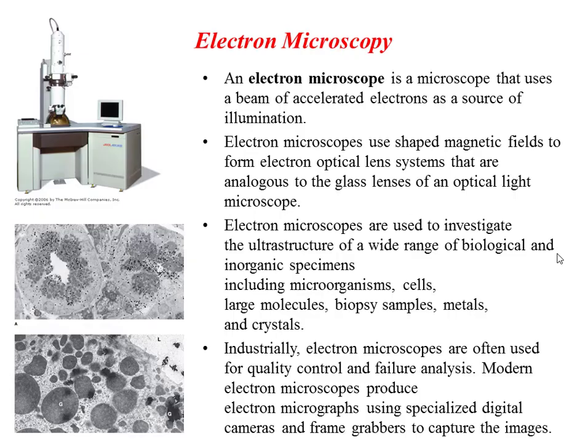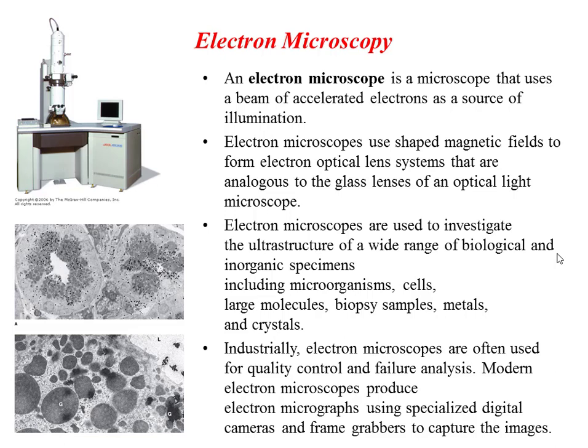Electron microscopy. An electron microscope is a microscope that uses a beam of accelerated electrons as a source of illumination. Electron microscopes use shaped magnetic fields to form an electron optical lens system that is analogous to the glass lenses of an optical light microscope.